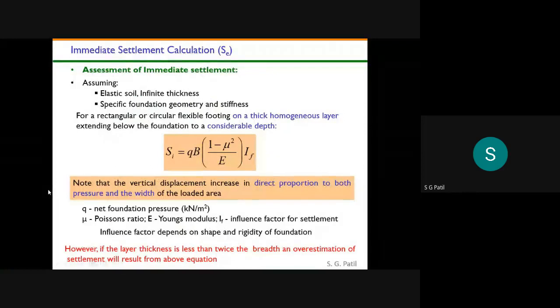You see this SI is directly proportional to what? It is directly proportional to the intensity of loading and the width of the footing, so Q and B. If you increase the intensity of the loading, then your settlement will also increase. And if you increase the width of the footing, your settlement will also increase, because they are directly proportional here.